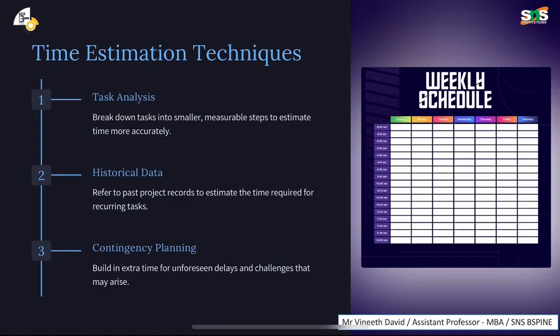So, time estimate techniques. First in project management, task analysis. We should make an analysis of the task and break it down into smaller, measurable steps to estimate time more accurately. So, at this point, we should calculate how many hours it will take to complete the project which we have taken.